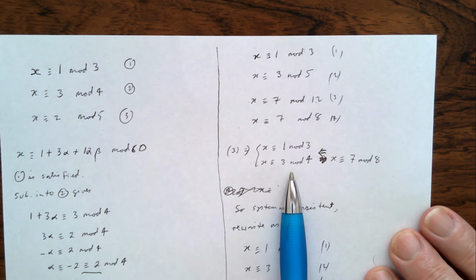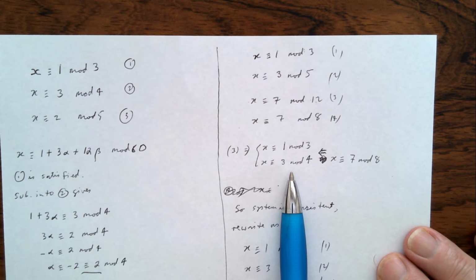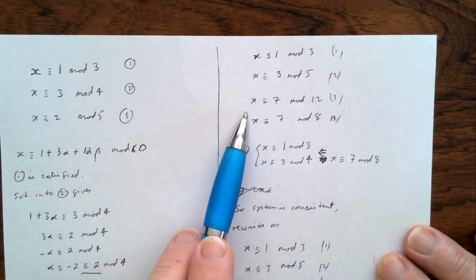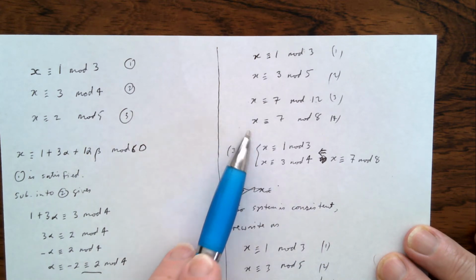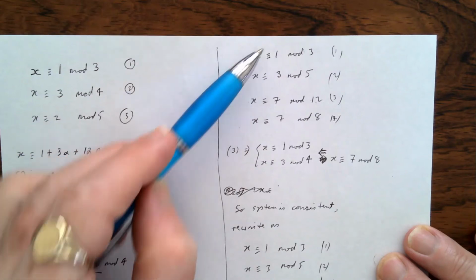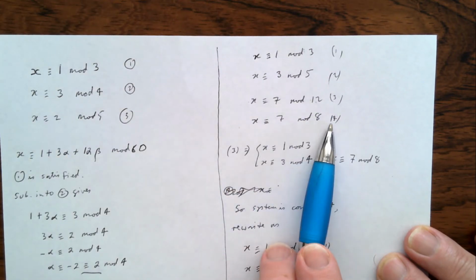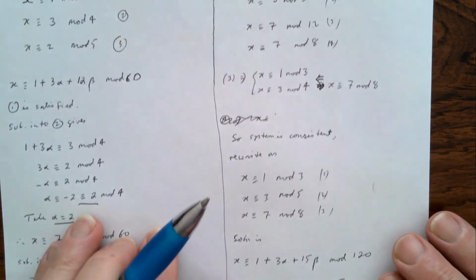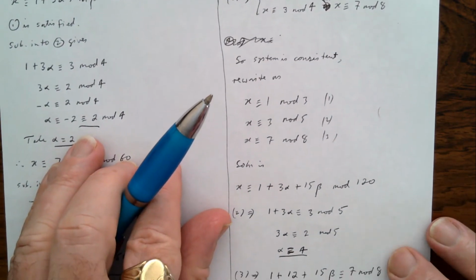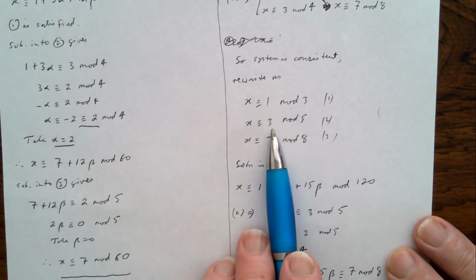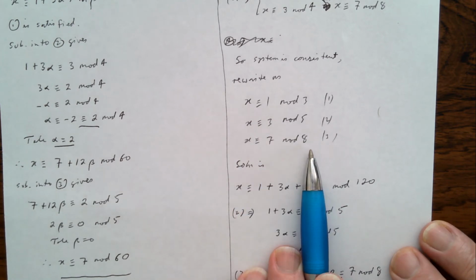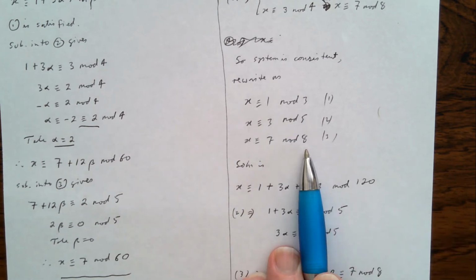The system is consistent, and I can replace these two, because I've already got the 1 mod 3 up here. I can ignore this one here and just take this one here. So the system is consistent, and I can rewrite it then as x is 1 mod 3, 3 mod 5, 7 mod 8, and these are all pairwise co-prime.